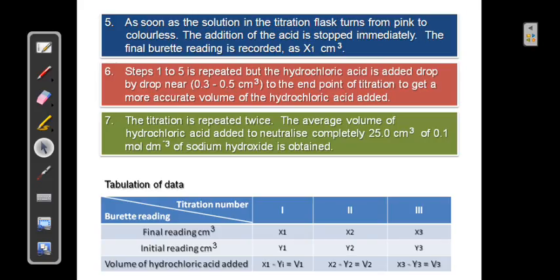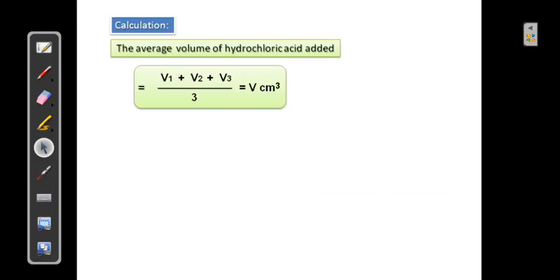So now you have 3 volumes. You have to get the average of them. So to calculate the average volume of the hydrochloric acid added is V1 plus V2 plus V3 divided by 3. You will get the volume as V cubic centimeter.